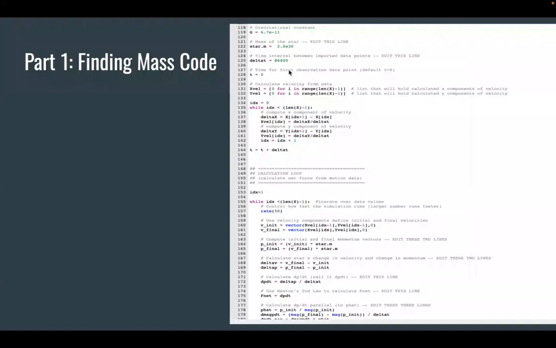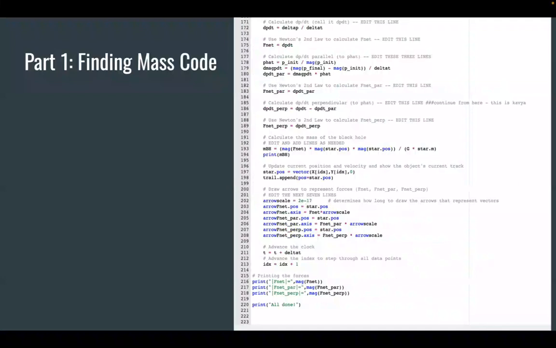Here we use initial and final velocity to calculate the final and initial momentum by multiplying by mass, and then we use this to calculate F net, which is equal to the change in momentum over change in time. We then calculate the parallel component and the perpendicular component, and we use that to calculate the mass of the black hole, which was specified before right here.